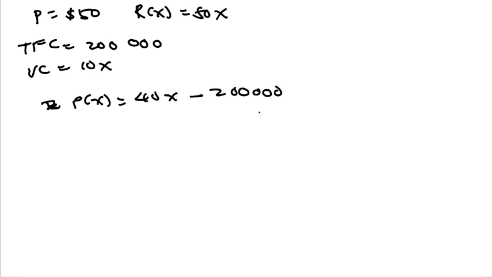Now from here we want to recognize the slope. If we look at the generic linear function, y equals mx plus c, or y equals ax plus b, something like that. Here we have total fixed cost, total variable cost, and the profit function.